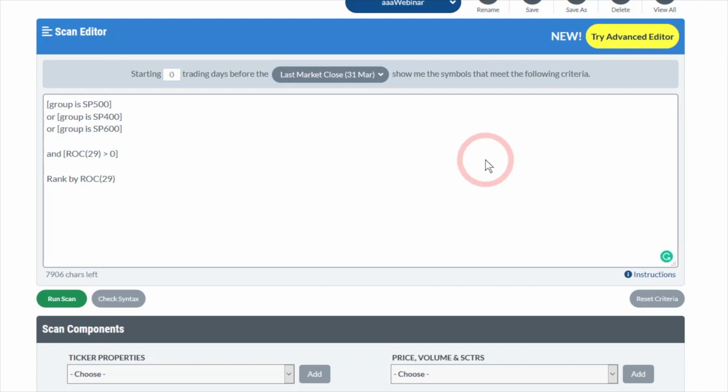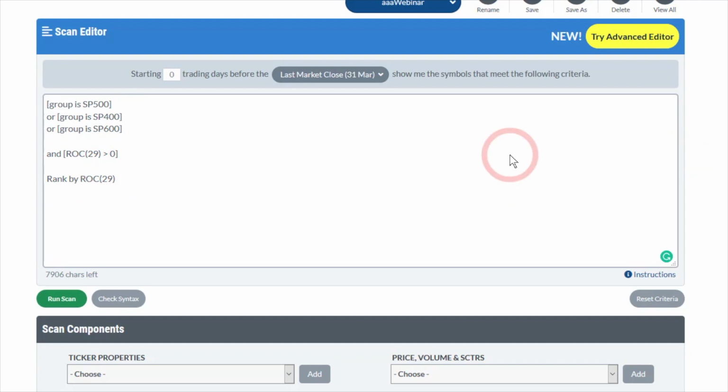And I ran a little scan here just to show you how hard it is to pick stocks in a bear market environment. This is a scan doing the S&P 1500, which is the S&P 500, the S&P Mid-Cap 400, and the S&P Small Cap 600. And I'm looking for stocks that are positive over the last 29 days.